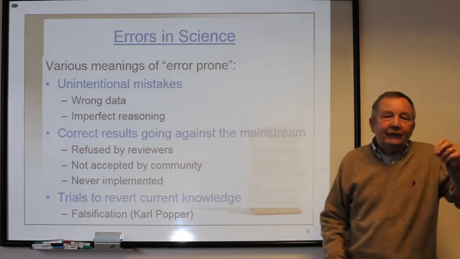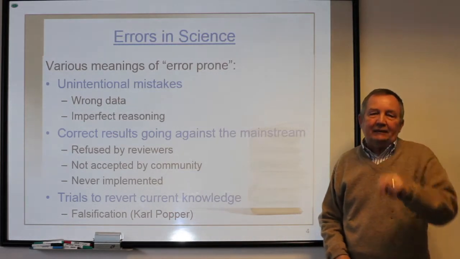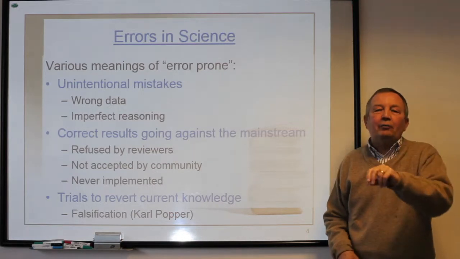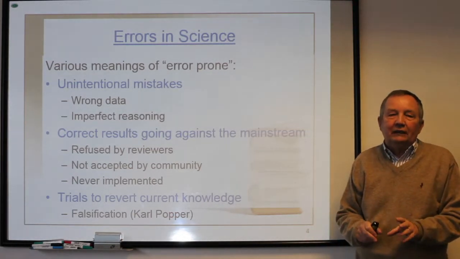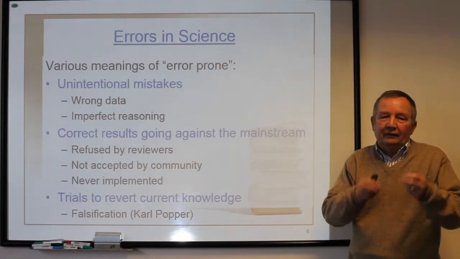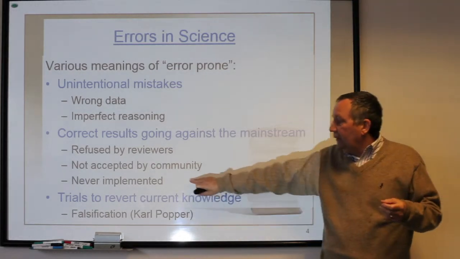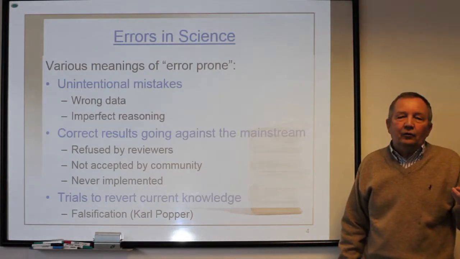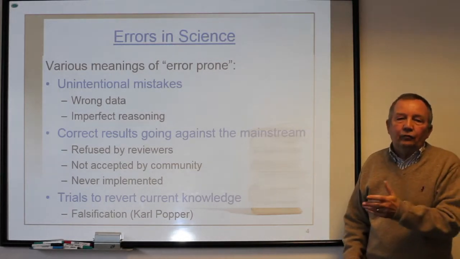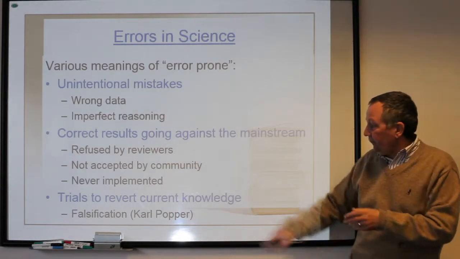Or even if it is accepted and appears in the journal, it's not accepted by the community. The community is conservative and may still consider the idea wrong. And as such, it is never implemented, which hinders further progress.